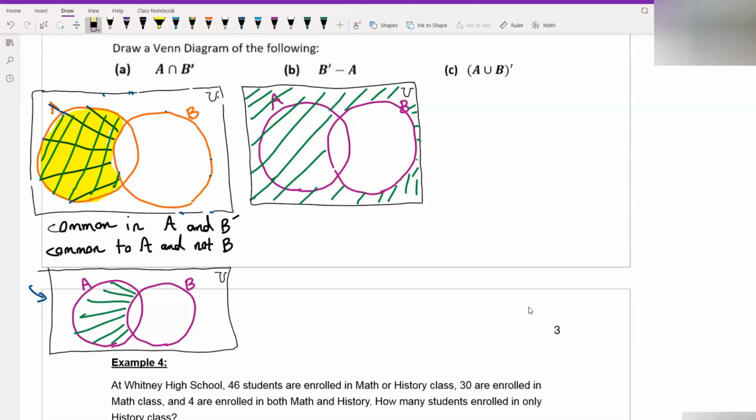I don't want to have any members inside this part. Because these are the members that we have in complement of B, and I have to subtract them. Okay, so this is the final answer.